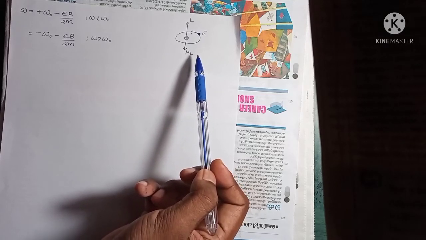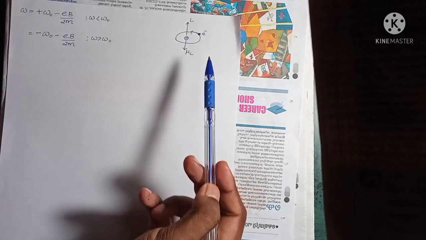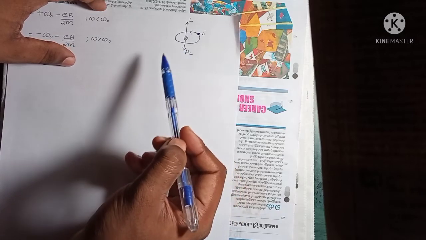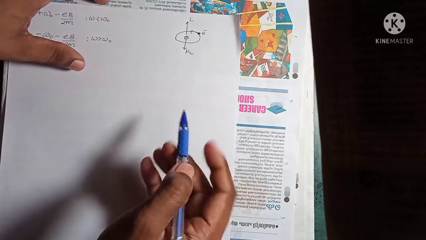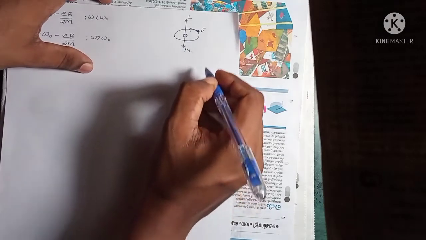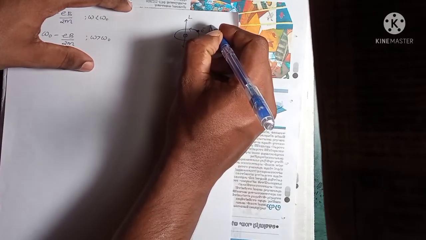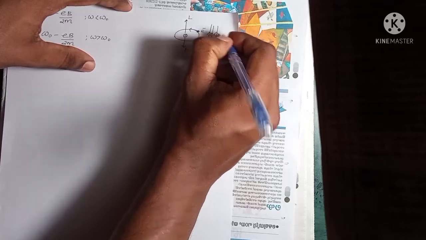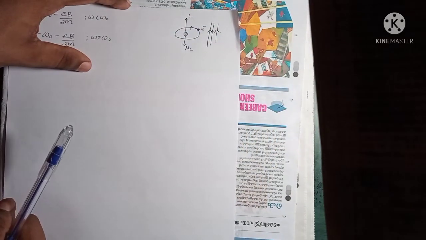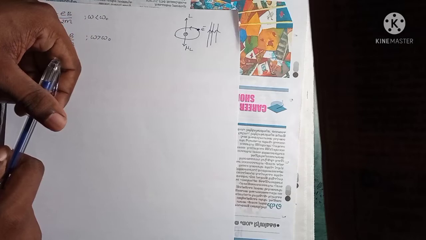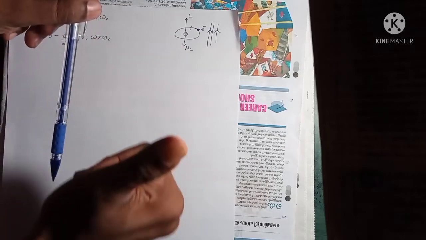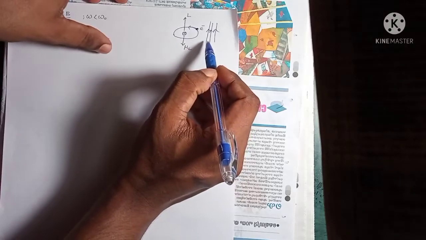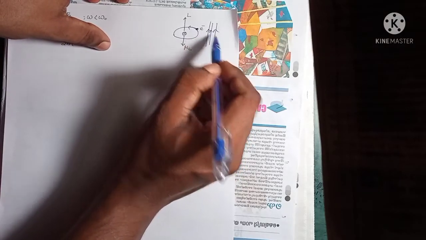And the magnetic field due to this revolving electron is given in this direction, which is given by the right hand rule, which says that the magnetic field due to the revolving electron is in this direction.